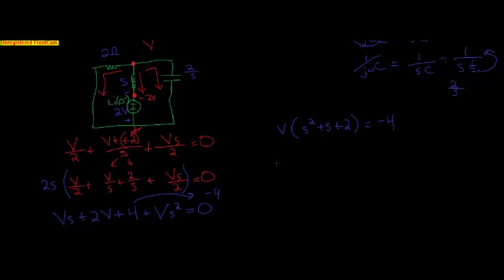Now V equals -4 over s² + s + 2. And boom, now we have an equation describing V.